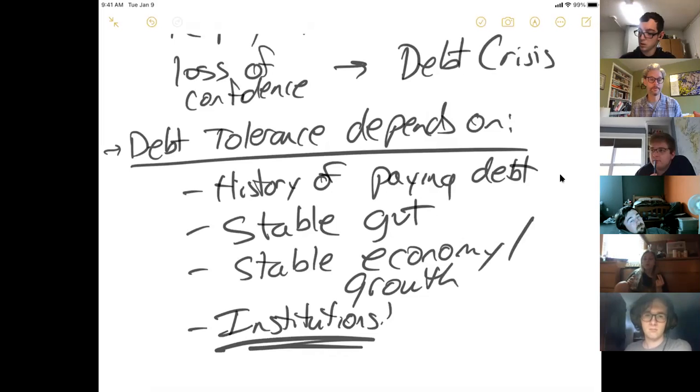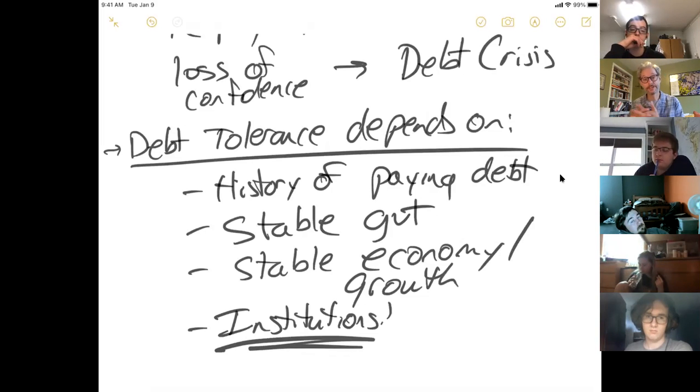And of course, when that happens again and again and again, markets have no debt tolerance for you, right? So you look at a country like Argentina. Argentina, since 1980, has had 6 different debt crises. 6 different times it's defaulted on its debt, right? What's true about Argentina's debt to GDP ratio? It's actually quite low because nobody will lend money to Argentina in the first place. You can't trust it.